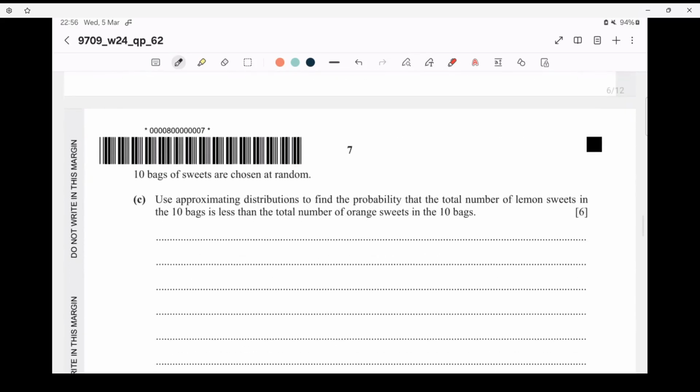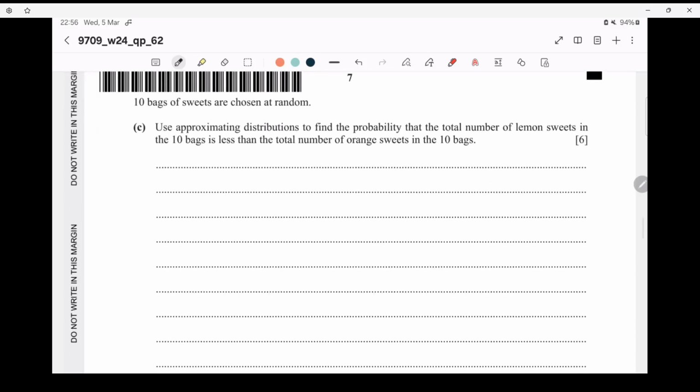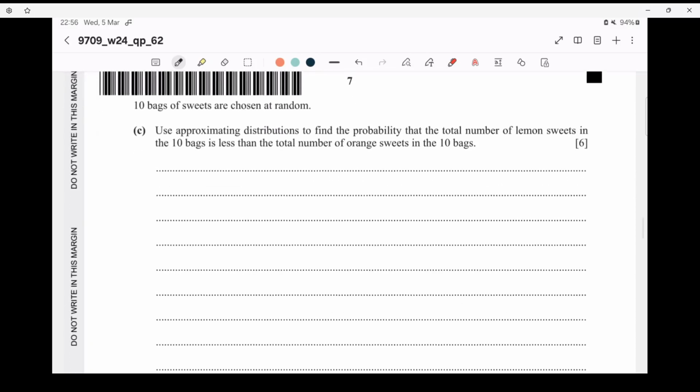Now you have 10 bags. You need to use an approximating distribution, so it's normal distribution. The total number of lemon is less than oranges.